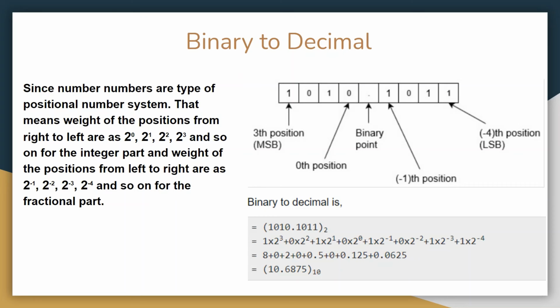In this example, the 0 before the binary point is multiplied by 2 to the power 0, because this 0 is in the 0th position. The 1 before it is in the 1st position, so we calculate it as 1 times 2 to the power 1.